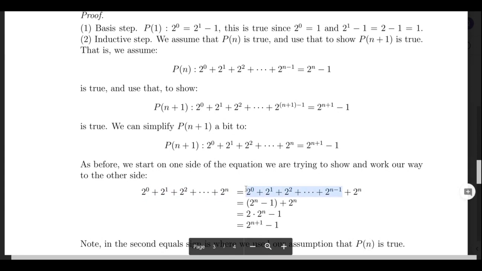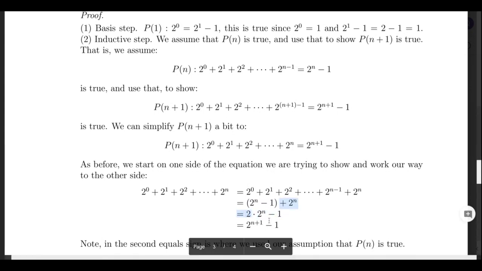By our assumption, 2 to the 0 up to 2 raised to n minus 1 adds up to 2 raised to n minus 1. Then we add 2 raised to n.